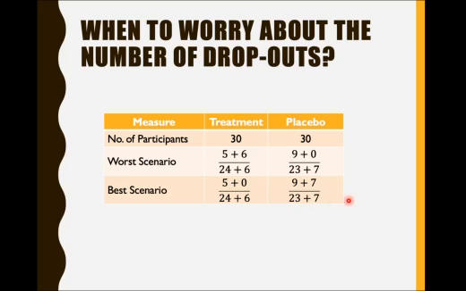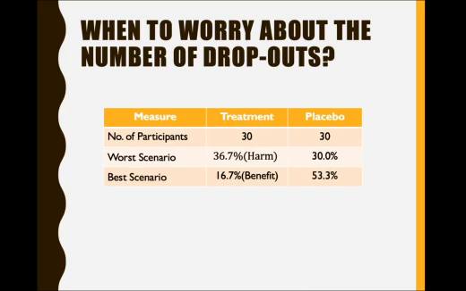So this is the best and the worst scenario. Now, calculate. So when we calculate, this is 36.7 for the treatment, and this is 30.0 for the placebo.